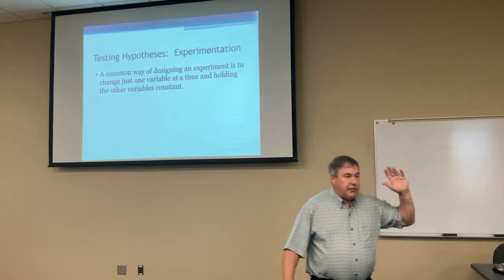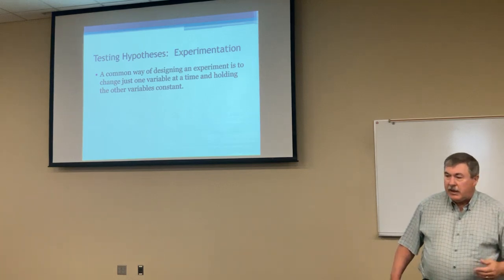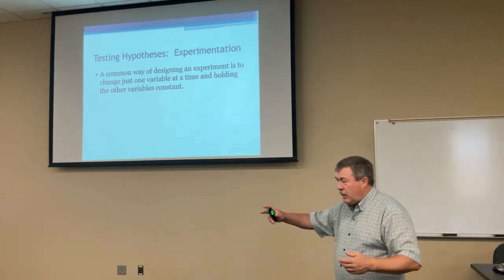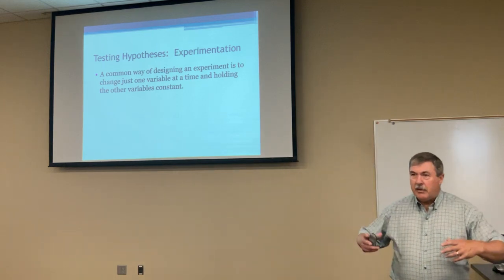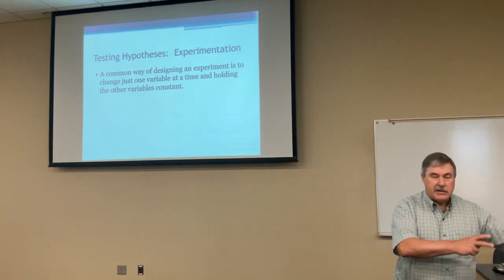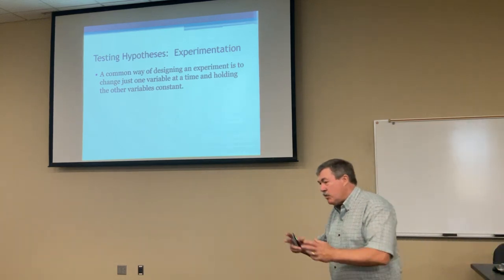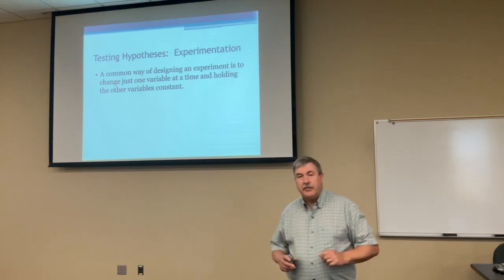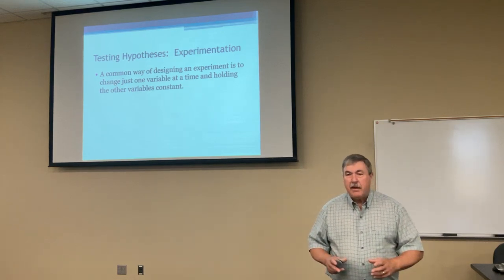One group, you keep all the variables constant. And then in one or more other groups, you keep all of the variables the same as in the first group, which is called the control group, except you change just one variable. And then you observe the effect of that change.